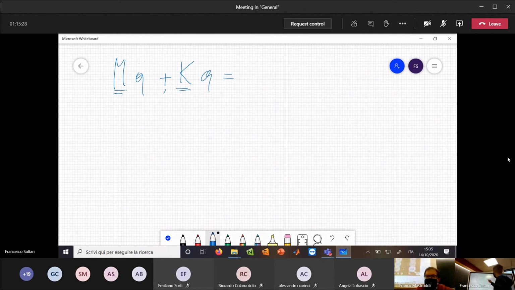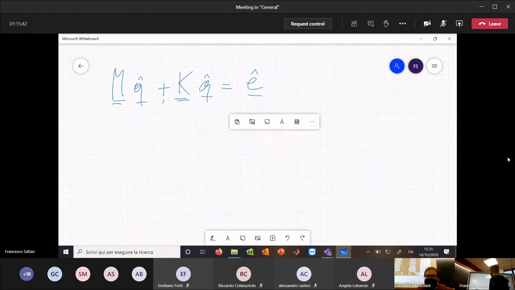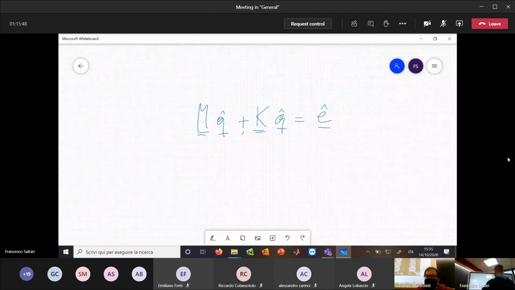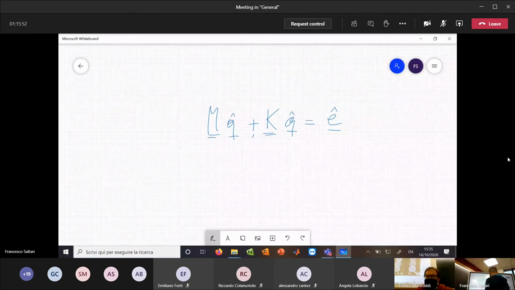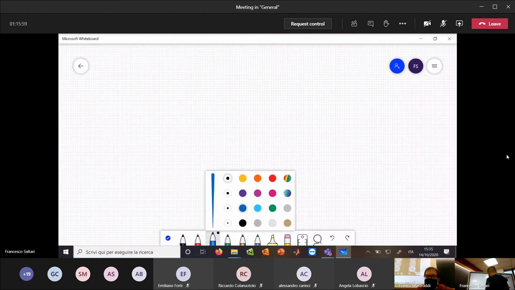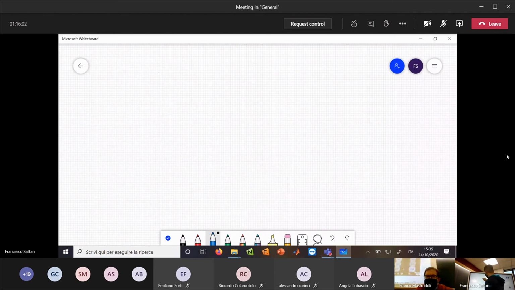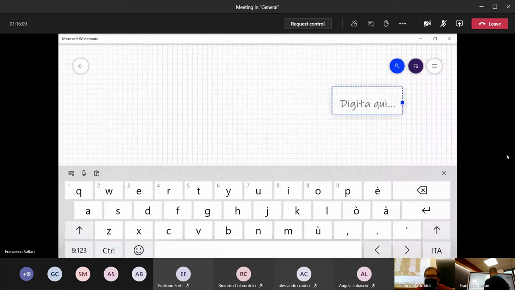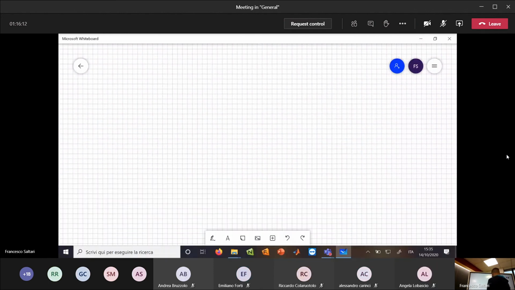This is equal to E. The line is too light, let me do another attempt to solve this issue. Okay, now it's better.